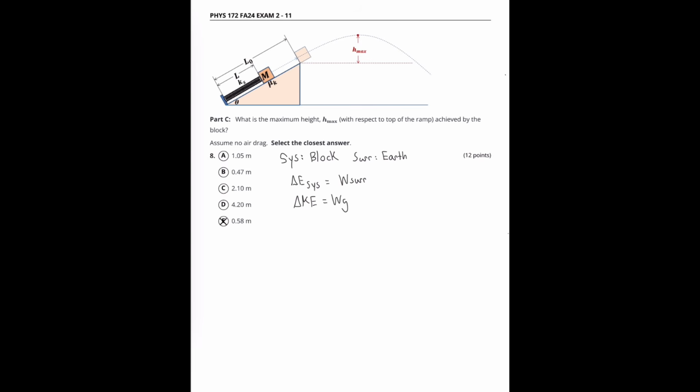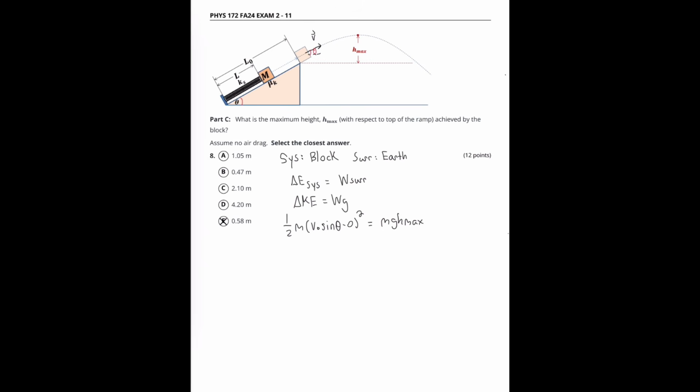In this case, it's going to be 1/2 m times the change in velocity, v naught sine theta minus 0, squared, since we're concerned with the y component of our velocity here. And using some trigonometry, we can determine this theta is equal to this theta here. So that's how you get v sine theta, and that will be equal to mg times h max. So the force of gravity times the maximum height.